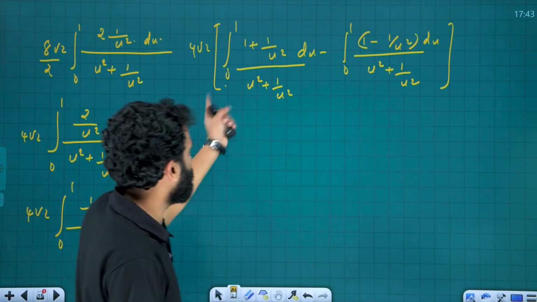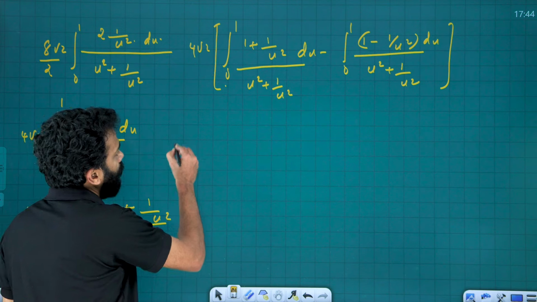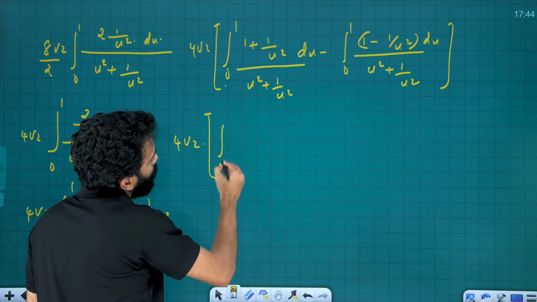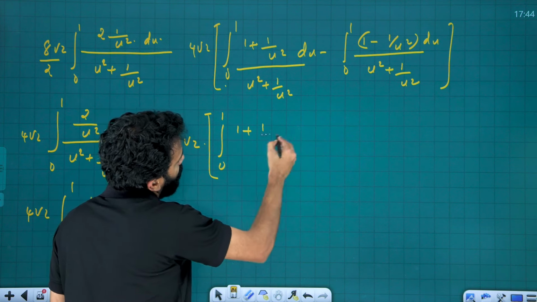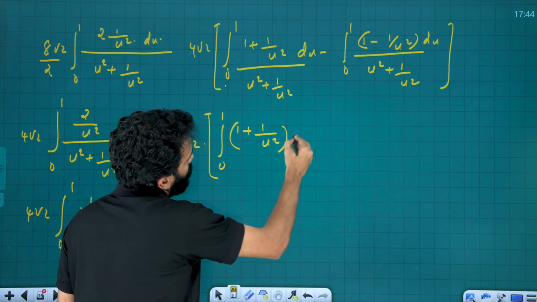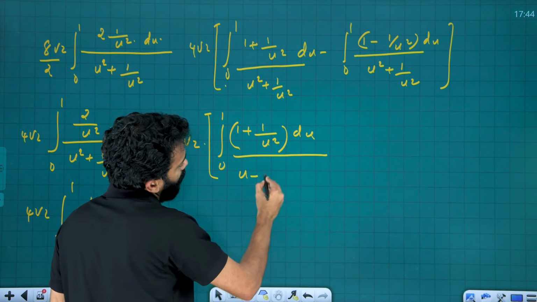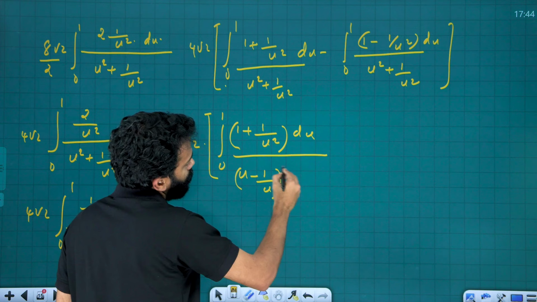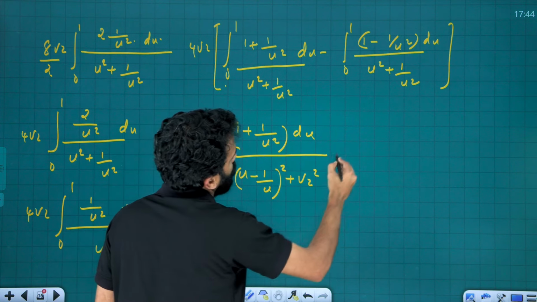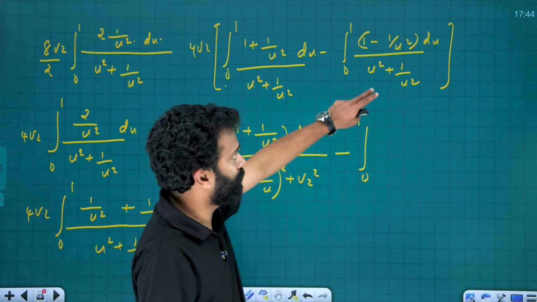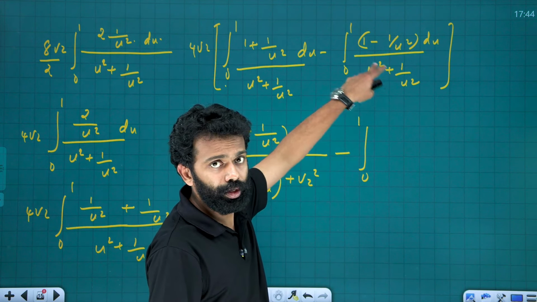So we can formulate it accordingly and it will be like 4 root 2 into integral 0 to 1, 1 plus 1 by u square into du divided by u minus 1 by u the whole square plus root 2 square, minus integral 0 to 1, the derivative of which expression is 1 minus 1 by u square, u plus 1 by u.